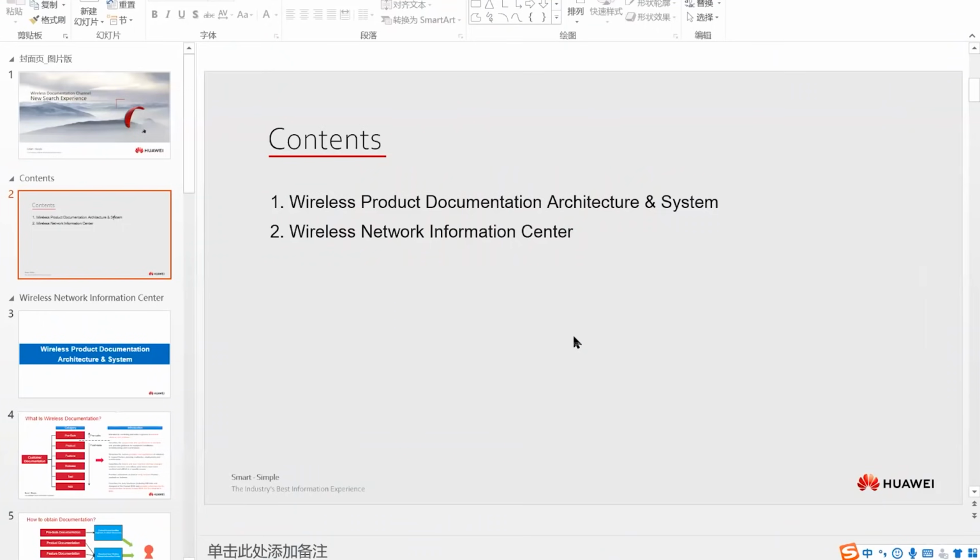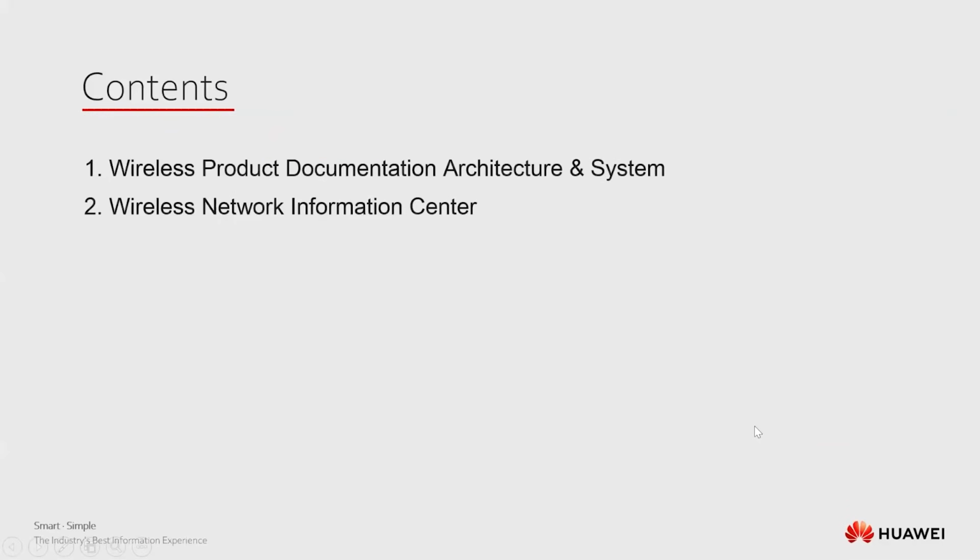So Samuel, what are we going to cover today? First, we're going to introduce the product documentation architecture. And then we're going to explain how to use the new search function that we provided through the Wireless Network Information Center. So those are the two topics we're going to cover.